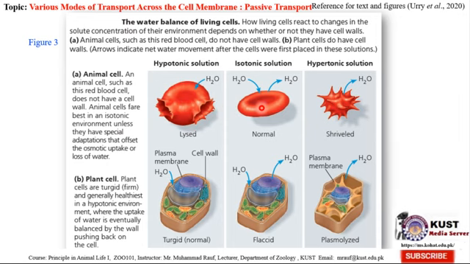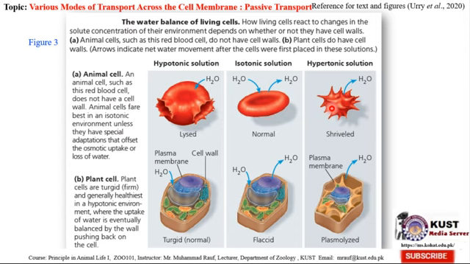In the second case, the solute concentration both outside and inside is the same. There will be movement of water molecules, but a dynamic equilibrium will be established, and there will be no effect on the volume of the cell.